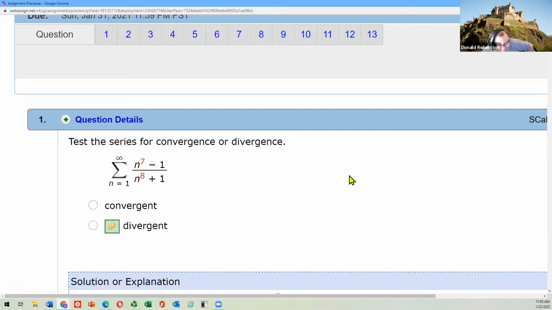And there are so many different kinds of series in the world that it might not always be obvious what test is appropriate. In some cases, more than one test will work, and that's fine. I'm not going to go through the math of it. I'm just going to look at what test or tests I could use.